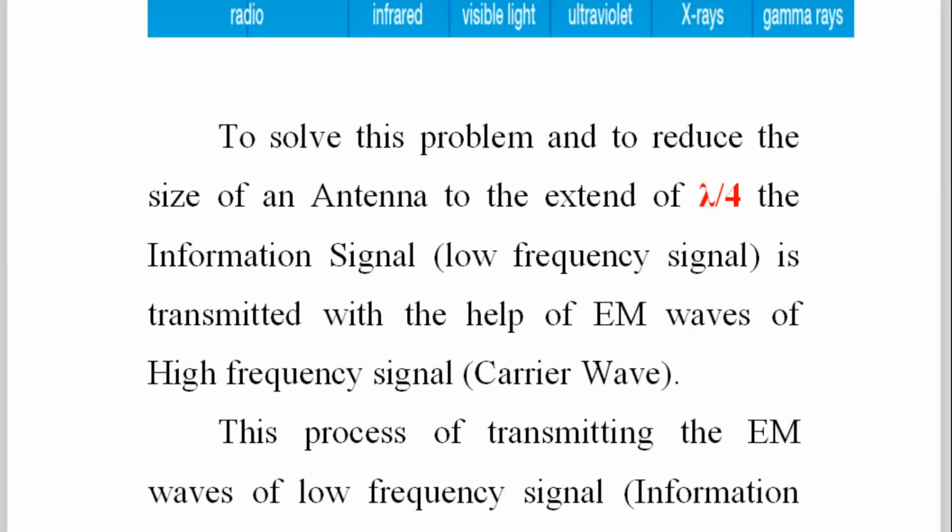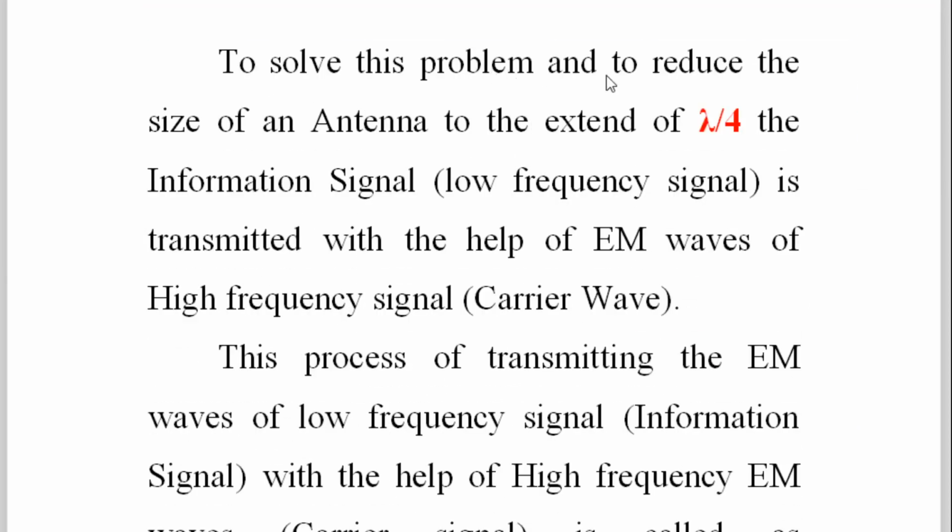So let us go here. To solve this problem of the size of antennas, and to reduce the size of antenna to the extent of lambda by 4, or you can say to the extent of centimeters, the information signal, that is a low frequency signal, is transmitted with the help of electromagnetic waves of high frequency.